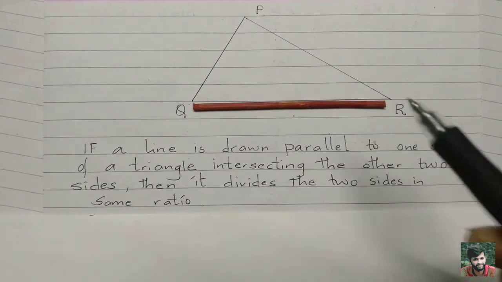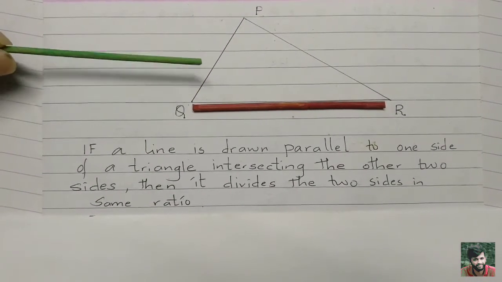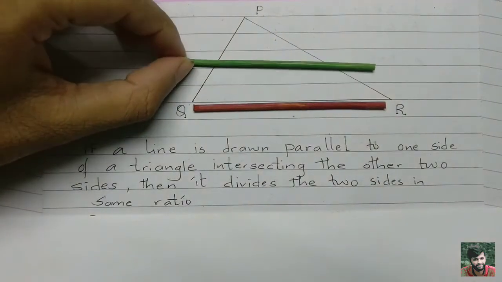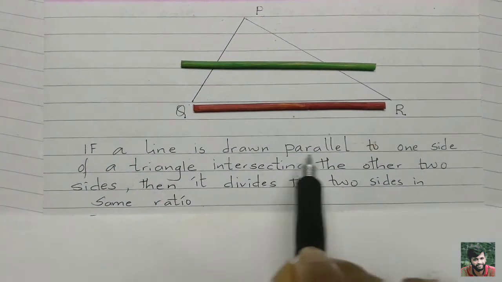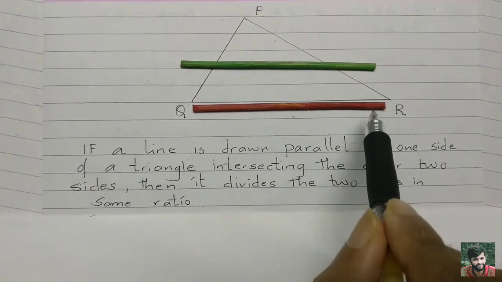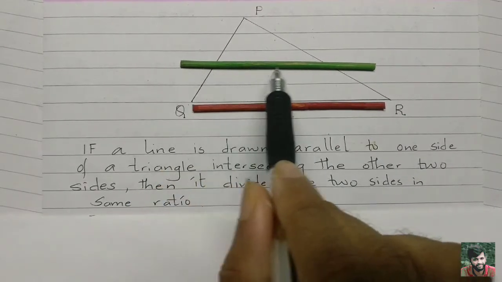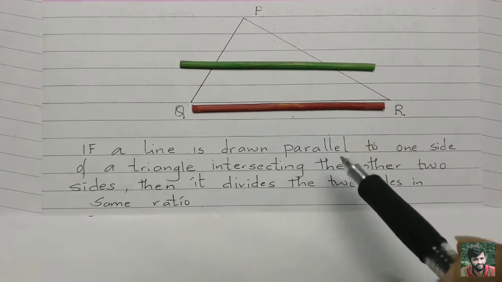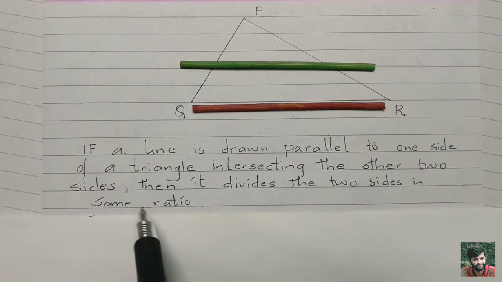Okay, so I've considered this line QR and I'm drawing another line parallel to this line. Now, if a line is drawn parallel to one side of a triangle, so this is the base of that triangle, and I have drawn another line which is exactly parallel to it, then it divides the two sides in the same ratio.